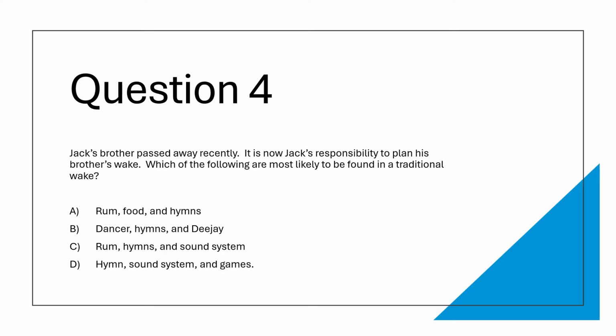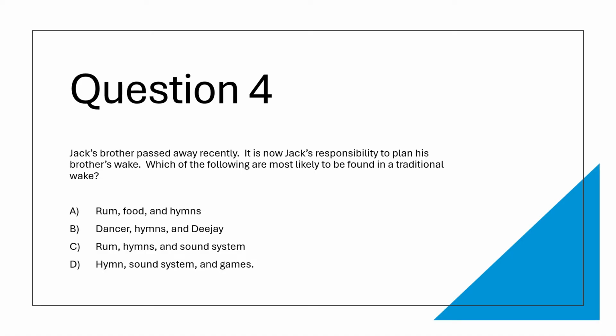And this is important because what you find happening is that cultural forms evolve, and so the wake evolves and takes on new elements, and so the modern day wake will have some elements that the traditional wake would not have had. And so you have to answer the question based on the traditional wake.